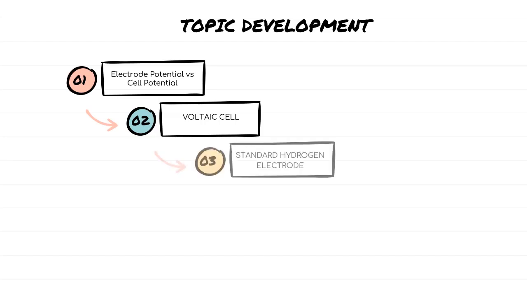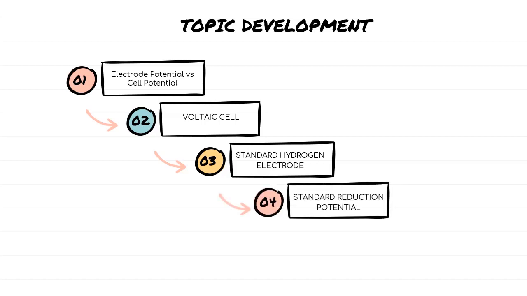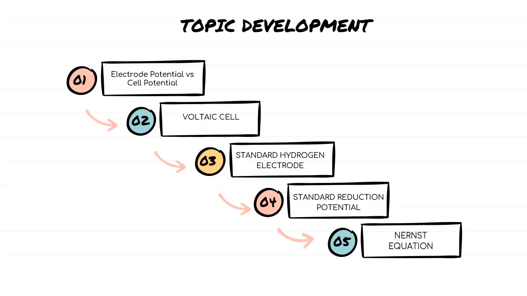Next, we will discuss the standard hydrogen electrode (SHE), where electrode potentials can be obtained. With all the examples discussed in voltaic cell and SHE, we're going to relate it to the standard reduction potential or SRP table. Last but not least, we're going to use Nernst equations to calculate cell potential at non-standard conditions.